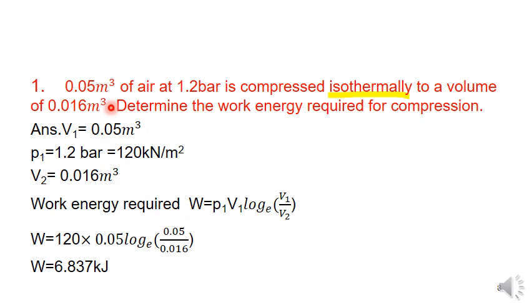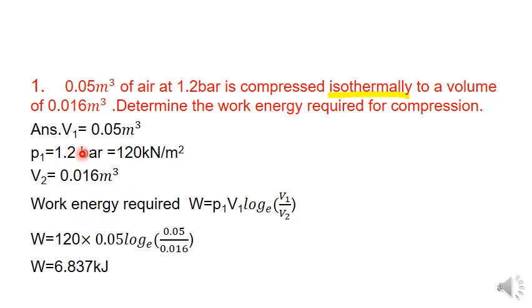If the problem gives the pressure values, write the work energy equation in terms of pressure; otherwise write the equation in terms of whatever they have given. Here they gave it in terms of volume, so I am writing the equation W is equal to P1 V1 log e V1 by V2. W is equal to 120. Here many students will substitute 1.2 directly.